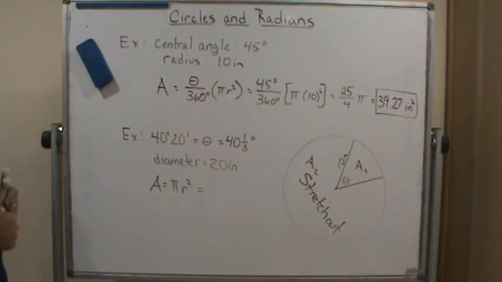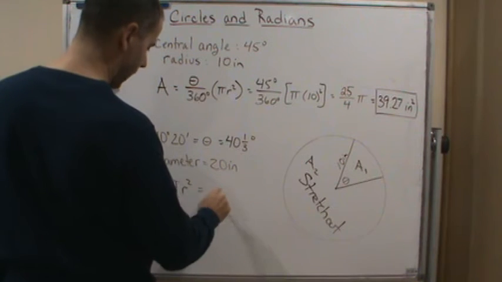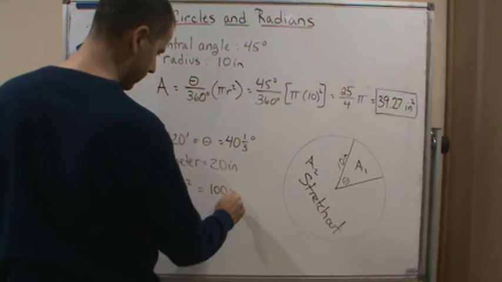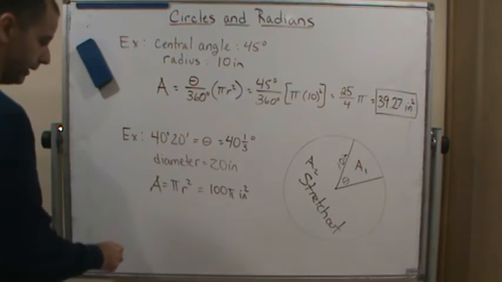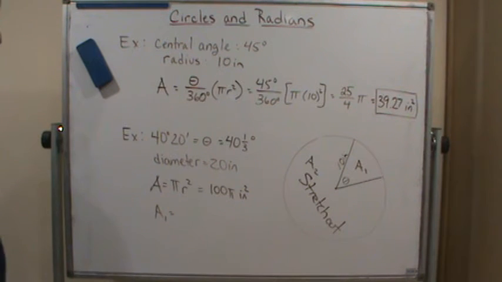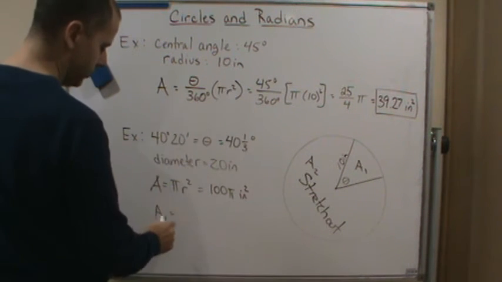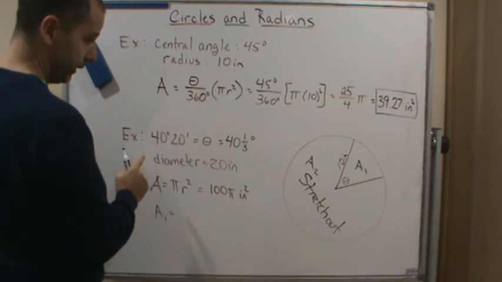We know the area of the circle is just pi r squared, so in this case it's 100 pi inches squared. Now what about the area of the sector? Again, we're going to use this formula to find the fraction of the area.